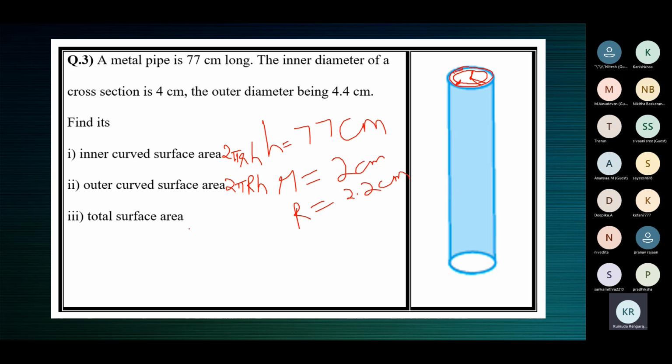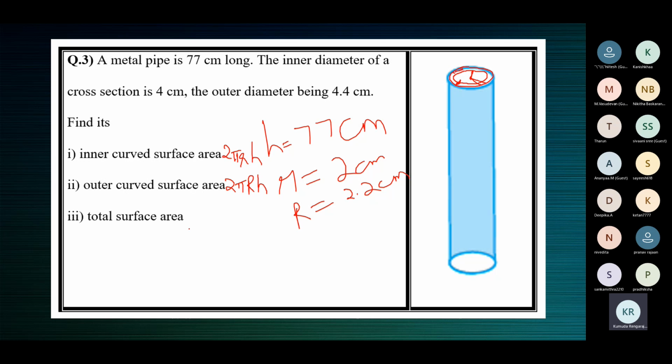When you have to send a courier, that's the tape we use to fasten the edges of the parcel. So that is a very good example of a cylindrical shell.